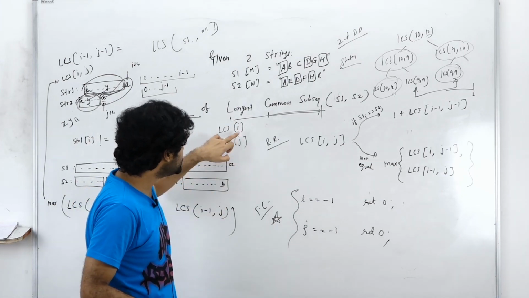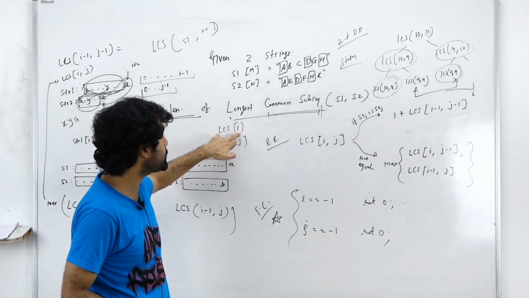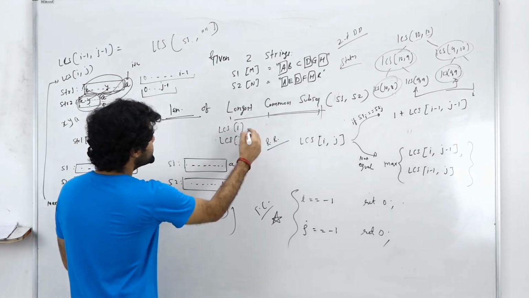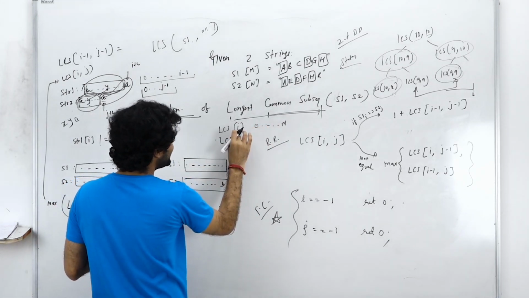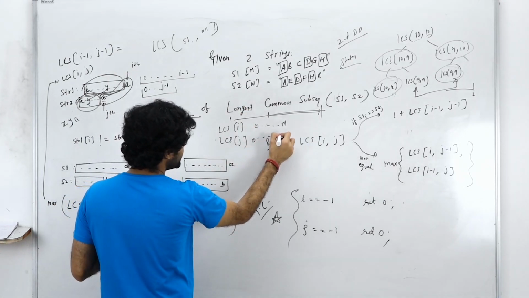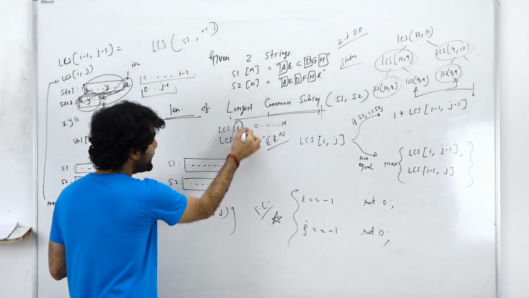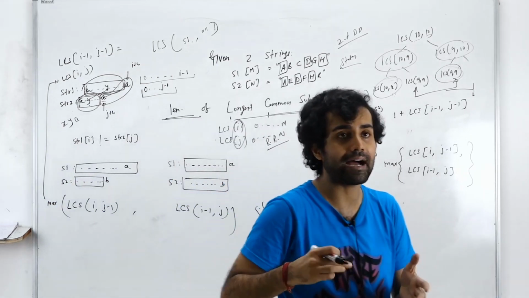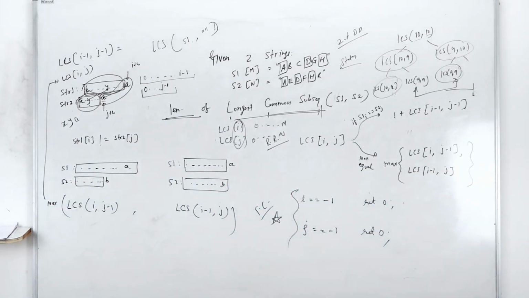Now there can be different values of i. So i can be anything from 0 to m, because i is an index of S1. Similarly, j can be anything from 0 to n. So can you tell me how many different combinations can LCS of i comma j assume? There can be m into n different combinations, yes or no? Right.